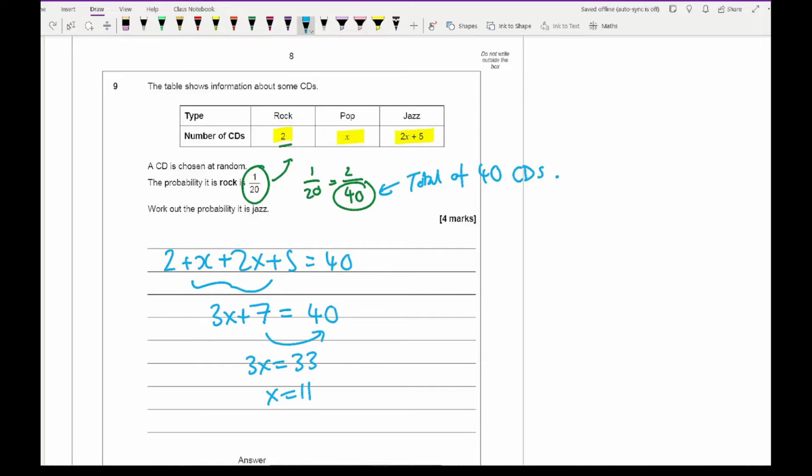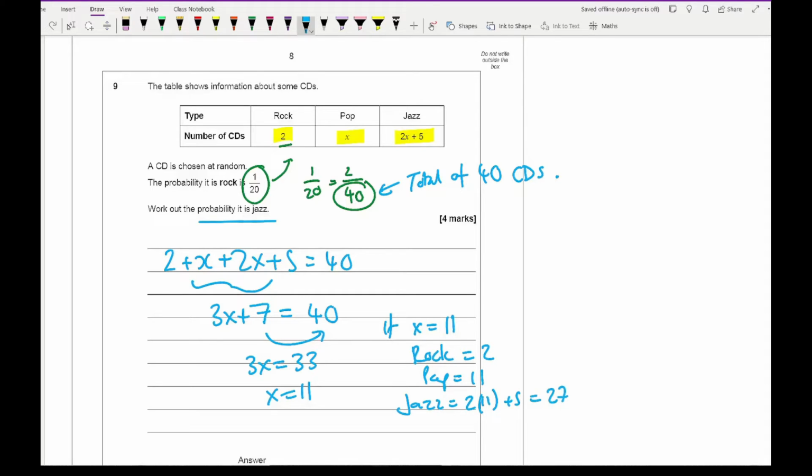So if x equals 11, then the number of rock, we've already been told, equals 2. Pop is going to be 11, and jazz is going to be 2 times 11 plus 5, which is 27.